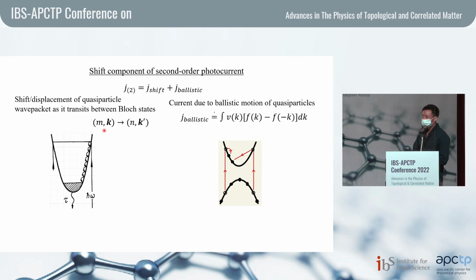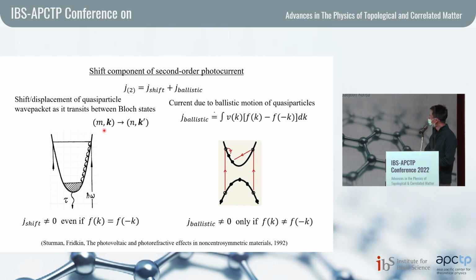There's a second contribution, which is the current due to the ballistic motion of quasi-particles, and this is only possible if the quasi-particle distribution f(k) is not equal to f(-k).